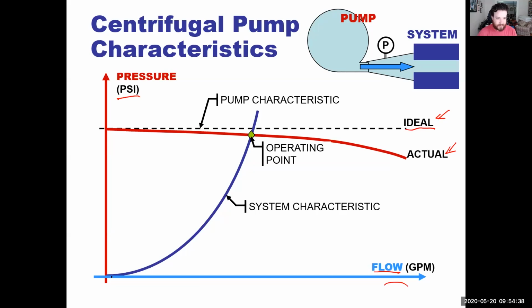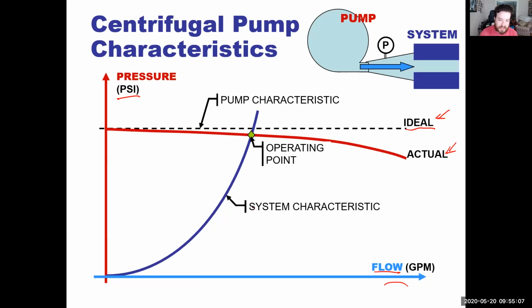Now, the big thing that you can think of is the system characteristics. This curve represents everything in your system downline. It could be the resistance to flow of a heat exchanger. It could be going through nozzles. It could be all sorts of things that are resisting flow.